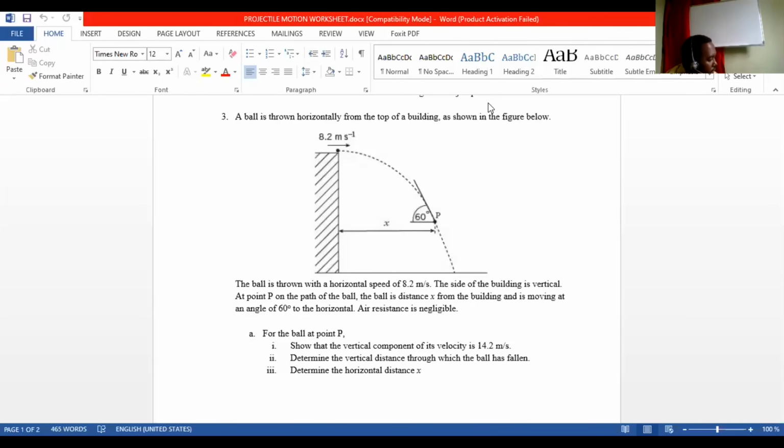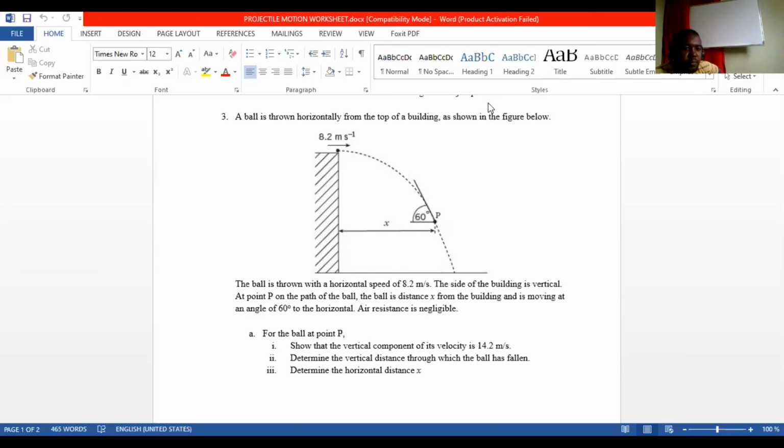All right, so let's look at question 3. So question 3 says, a ball is thrown horizontally from the top of a building as shown in the figure below. The ball is thrown with a horizontal speed of 8.2 meters per second. The side of the building is vertical.